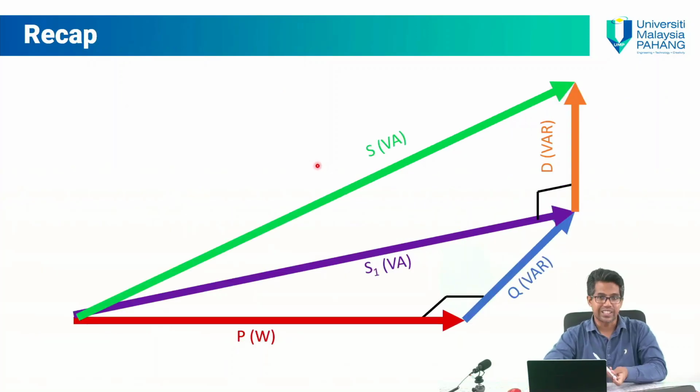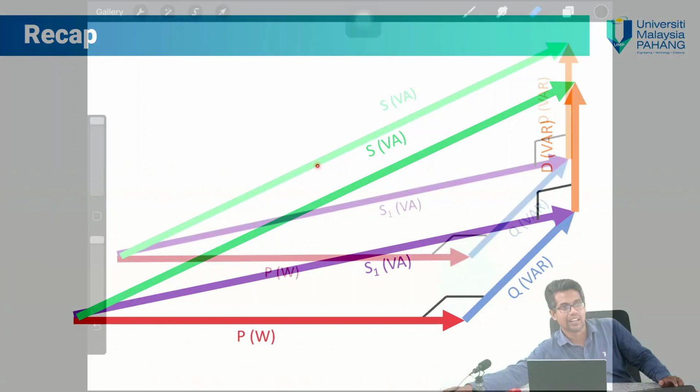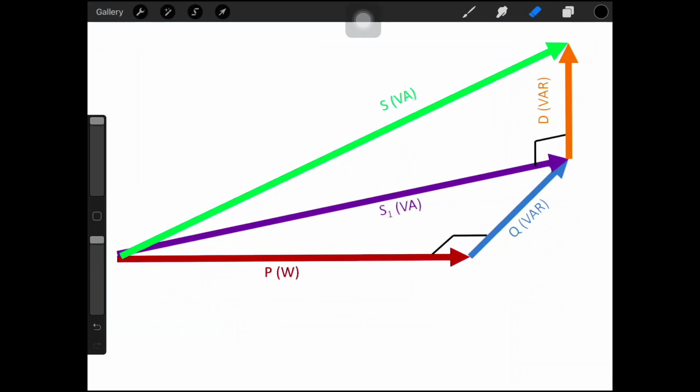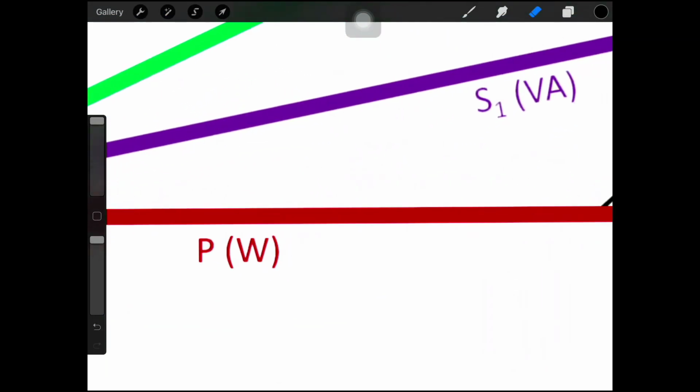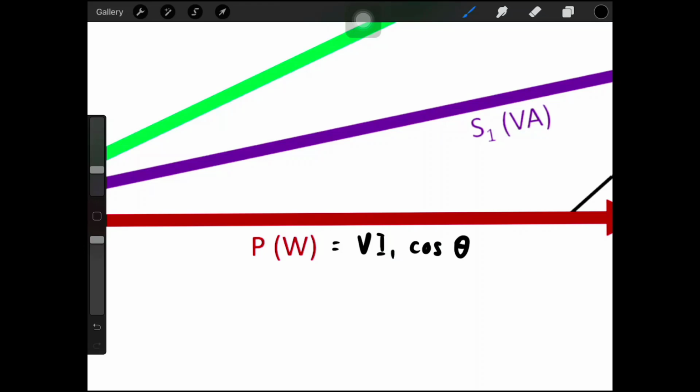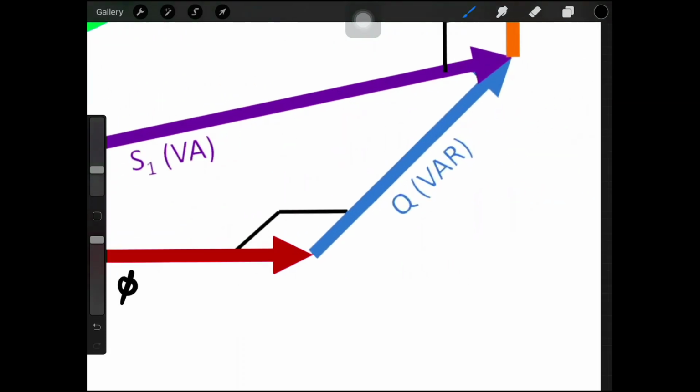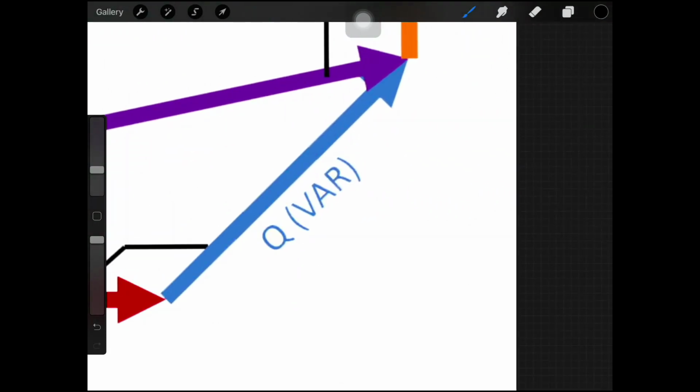As a recap, let us see this. P equals V I fundamental cos phi. Q is always V I fundamental sine phi.